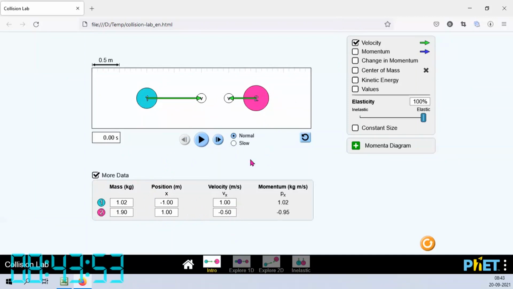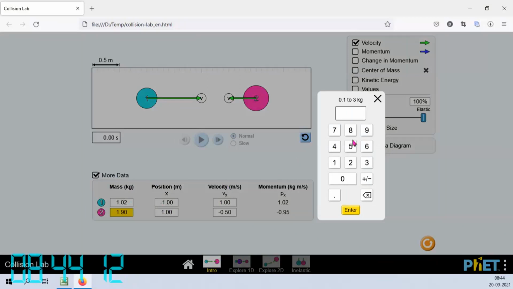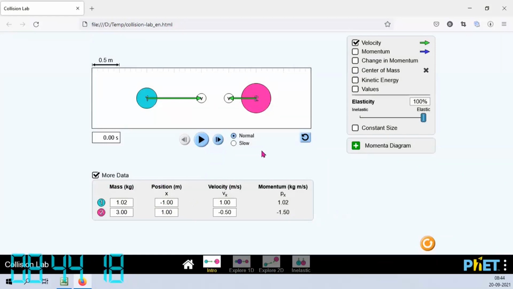And then when you press the button, I can increase the mass, I can give 3 kg. Okay, so this is bigger.